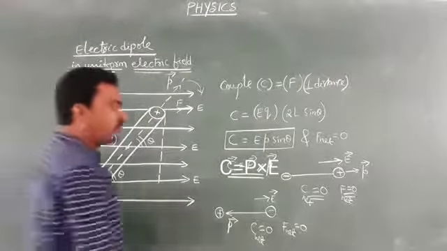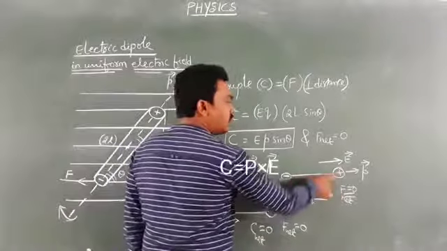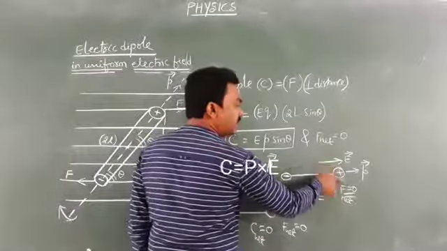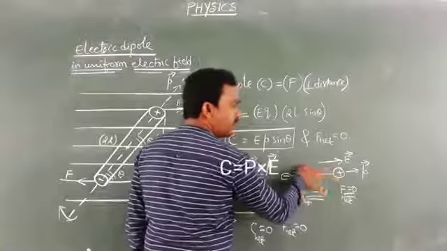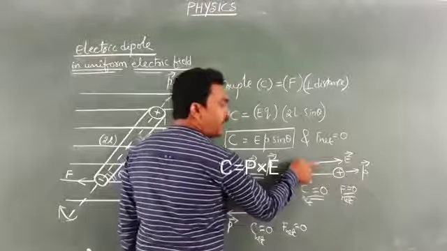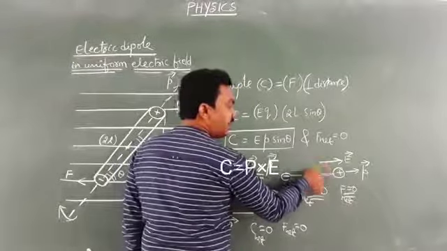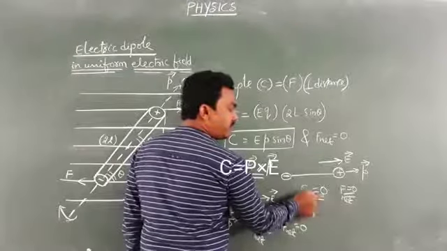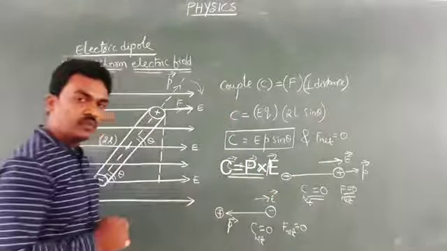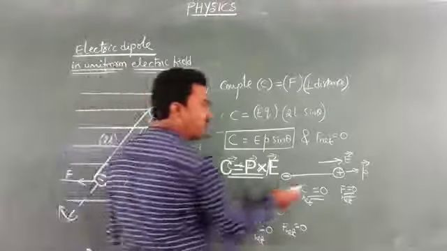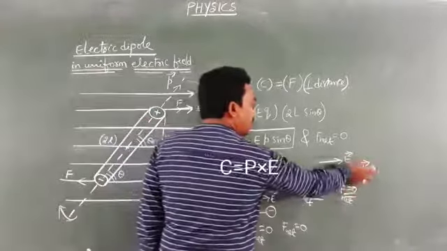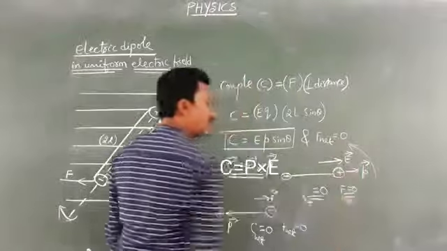For example, my dipole is in such a way that the dipole moment vector is in the direction of the field vector. I have placed my electric dipole parallel to the uniform electric field, then the couple experienced by the dipole is 0. But now I wish to rotate it through some angle in anti-clockwise direction.